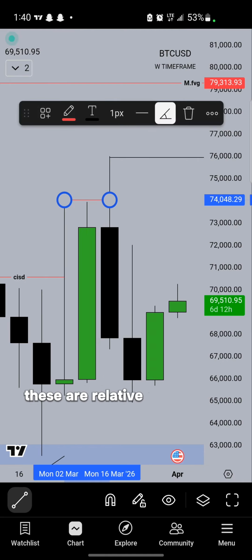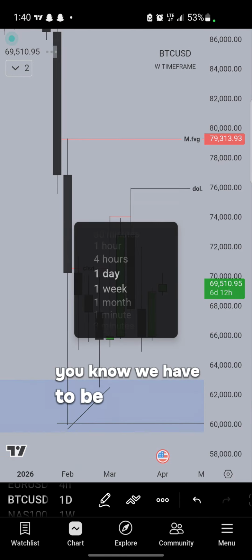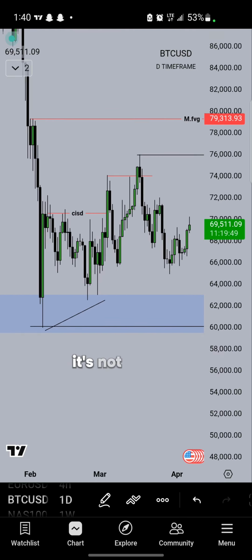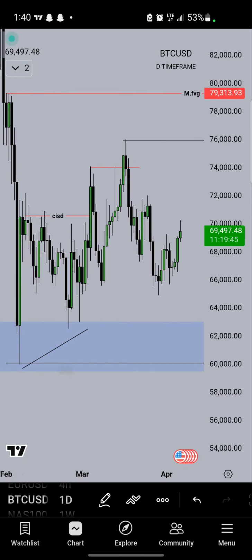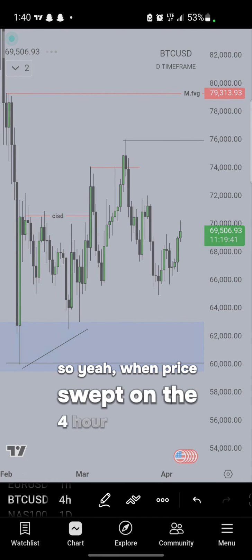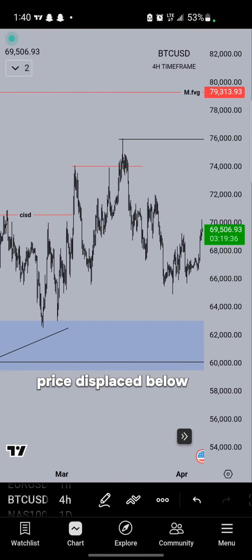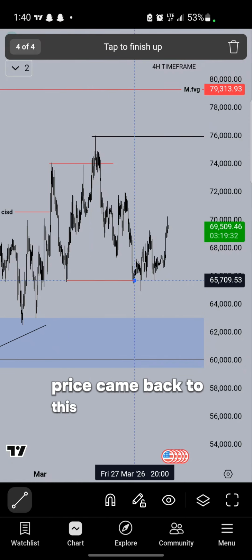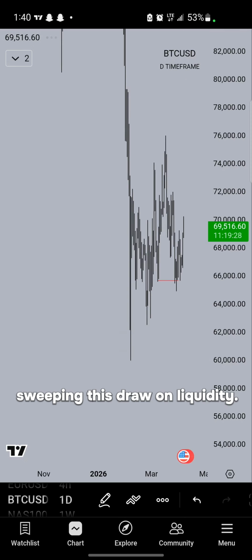These are relative equal highs. If I'm going to mention relative equal highs, we have to be switching between time frames if we're going to be sure about our bias. It's not good to be static and just focusing on a time frame. So when price swept on the 4 hour time frame, price displaced below, and all that happened.